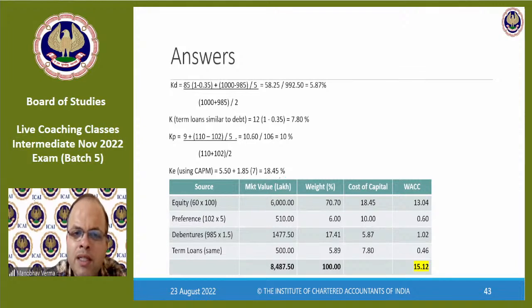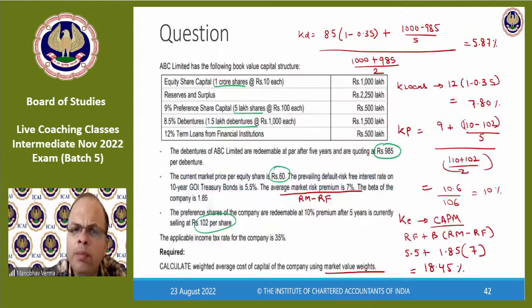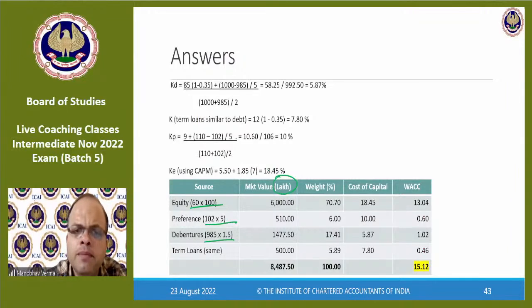The numbers which I have given here are in lakhs. So we're talking about 60 into 1 crore. Similarly, 102 into 5 lakhs. And then we're talking about 985 for the debentures. But for the term loan, there will not be any changes. Is everyone okay here? So what we need to do is calculate the market value of these securities.